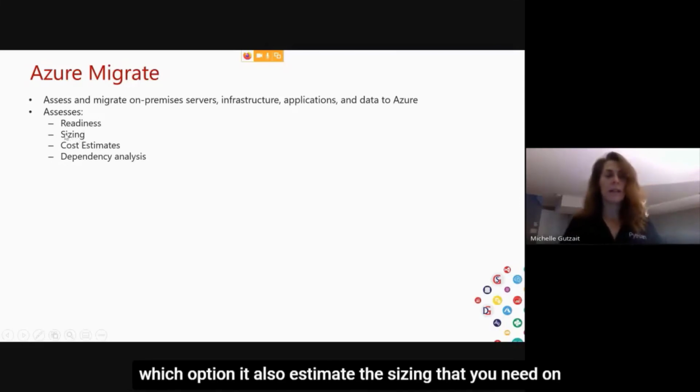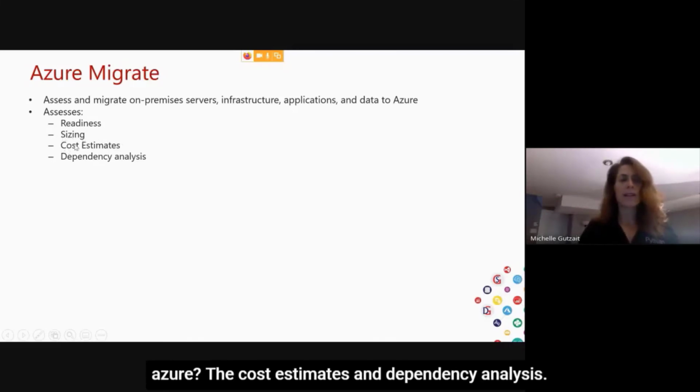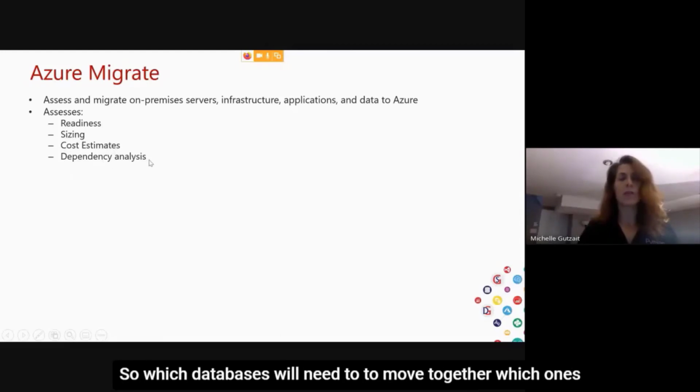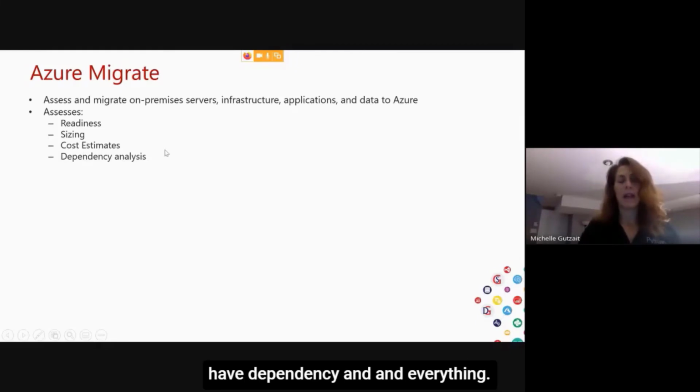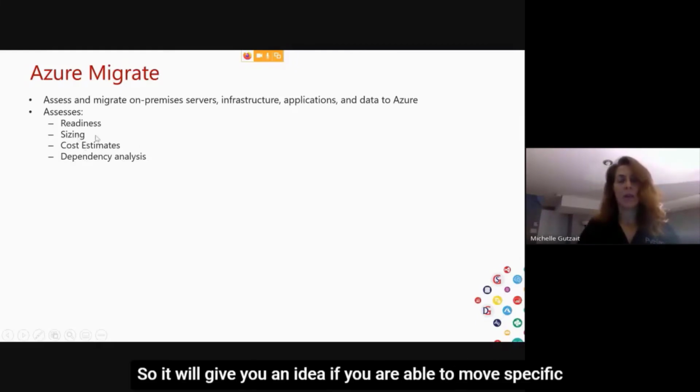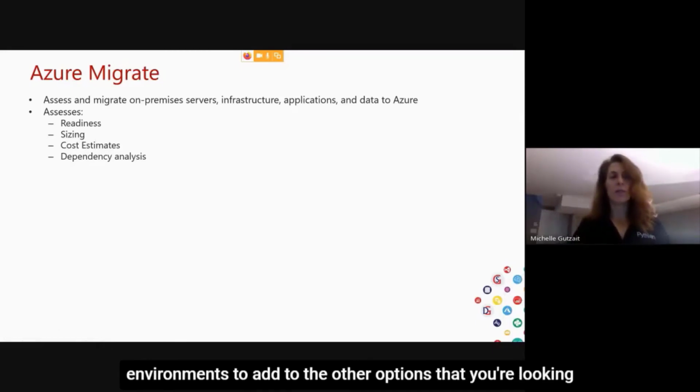It also estimates the sizing that you need on Azure, the cost estimates, and dependency analysis. So which databases will need to move together, which ones cannot, for example, move to SQL Azure database because they have dependency, and everything. So it will give you an idea if you are able to move specific environments to the Azure options that you're looking at.